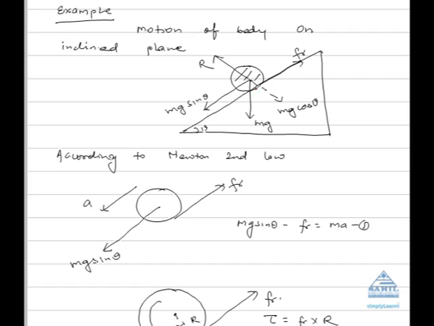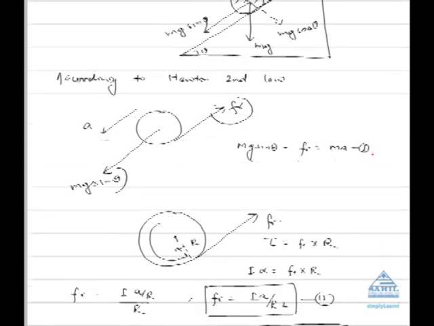Friction force opposes the motion of the body, meaning it is always acting opposite to the velocity. Mg sin theta acts along the plane. According to Newton's second law, for translation motion only, net force along a is equal to mass into acceleration. That is, mg sin theta minus friction force is equal to mass into acceleration.